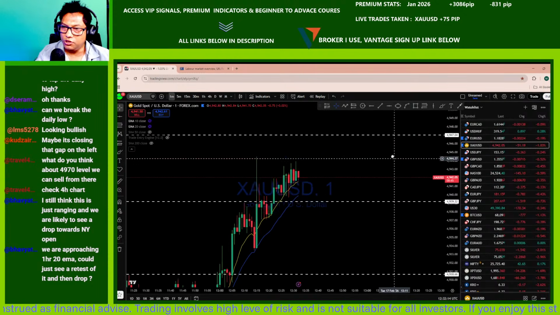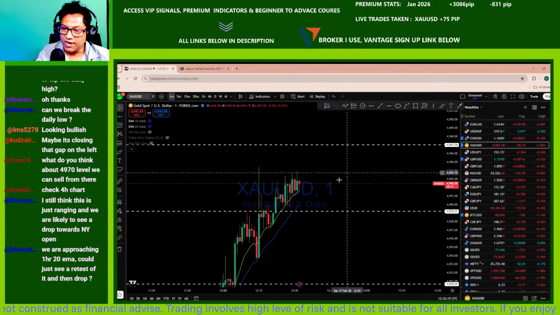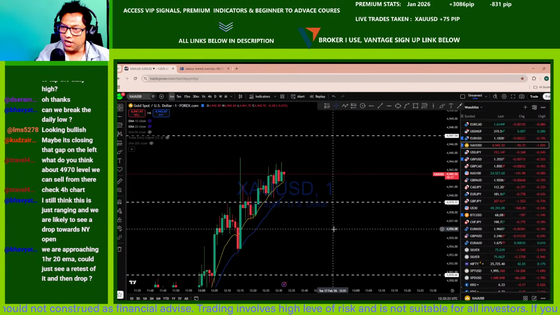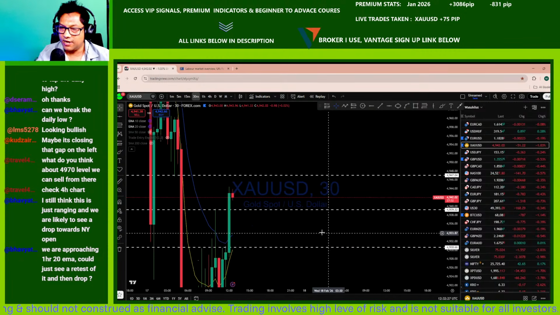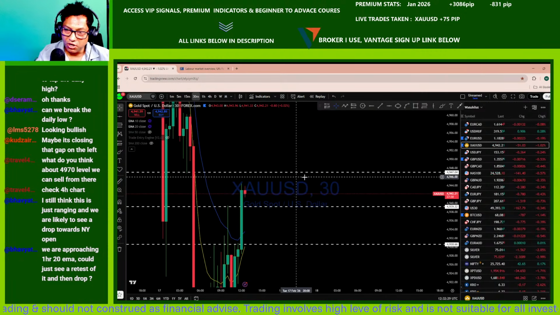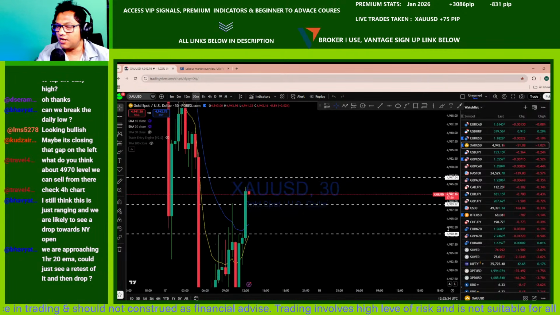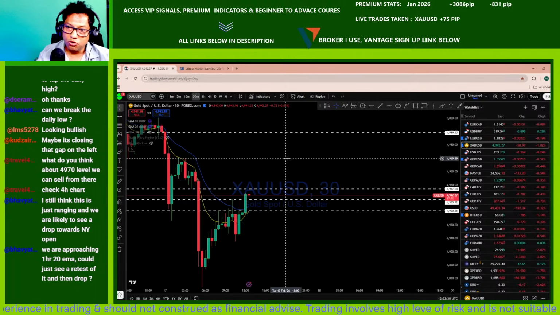With multiple liquidity sweeps, I'm expecting the market to react back below here, to drop down further to create a new lower low in that market. And this is the market structure we will be looking at. There is a complete breakup of the resistance line, and the market from this level could continue to rise back above to create a new higher high.